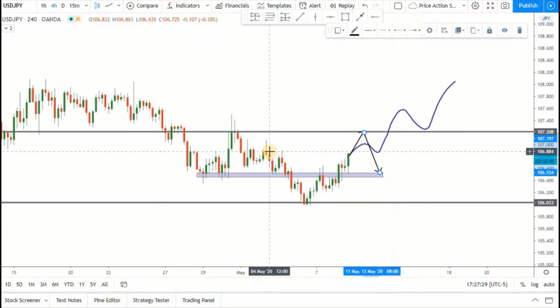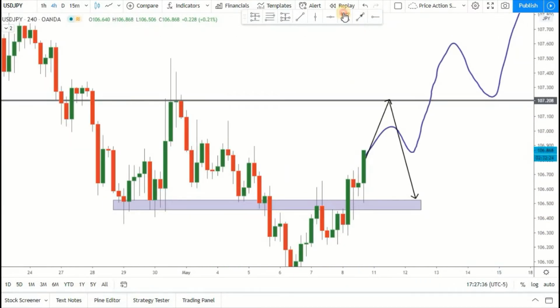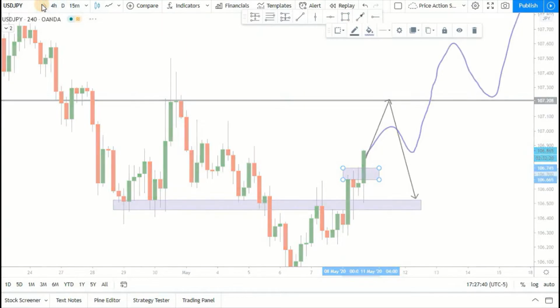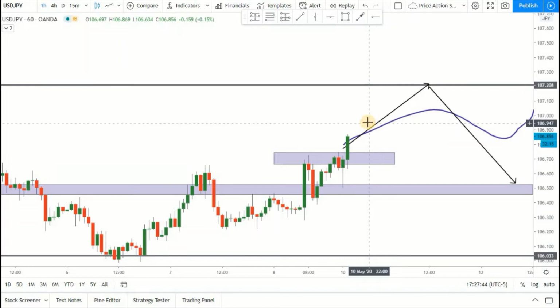So for right now you could definitely buy your USD JPY right off the bat. I'm pretty sure there must be an entry on the lower time frame. Yes, so if you guys catch this in time, you could buy USD JPY right now.